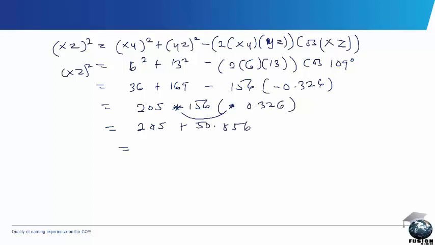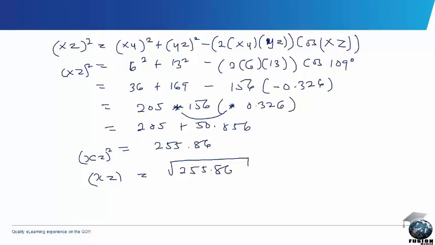When you add these two values, you have 255.86, which says that xz squared is equal to this. So xz itself will be equal to the square root of 255.86, which is 15.99, approximately 16 kilometers.